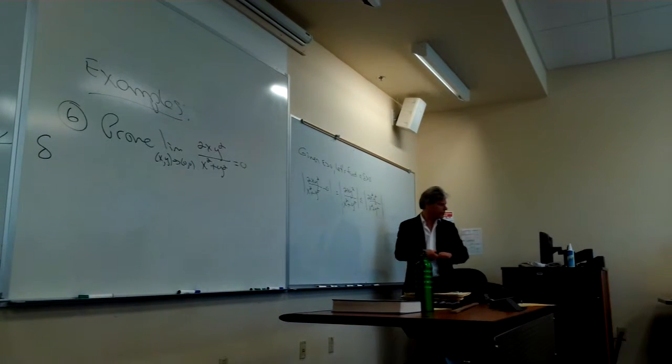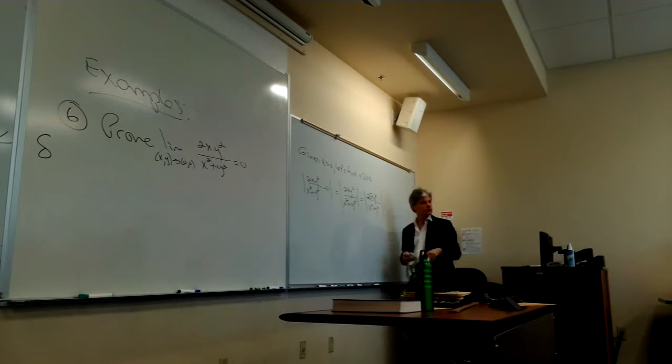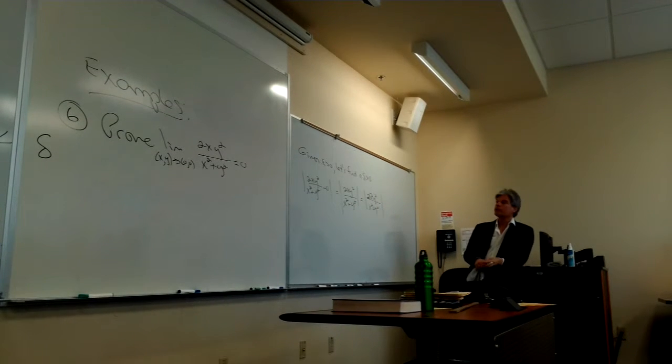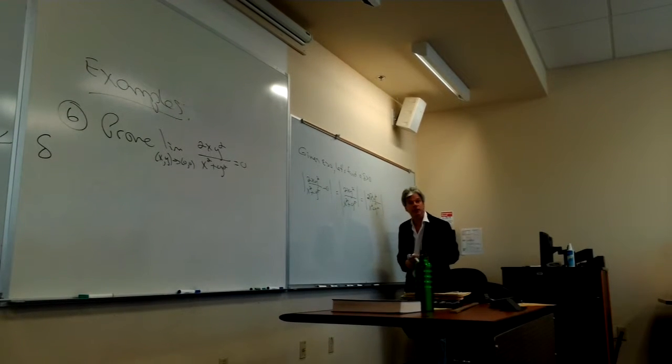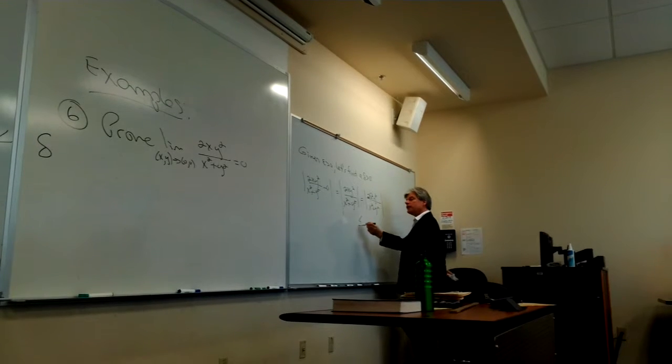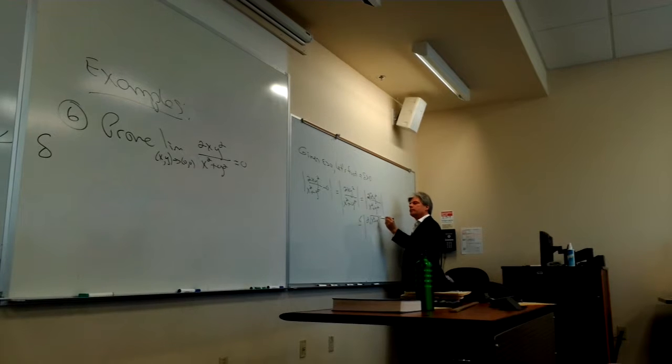What if I do this? Can I proclaim that this is a true statement? Yes or no? Yes, I think it's a true statement, because this right here is going to be nothing more than the absolute value of x anyways. But that is going to be less than or equal to 2 times the square root of x squared plus y squared.